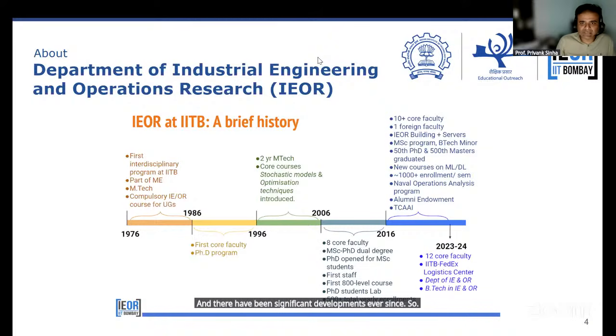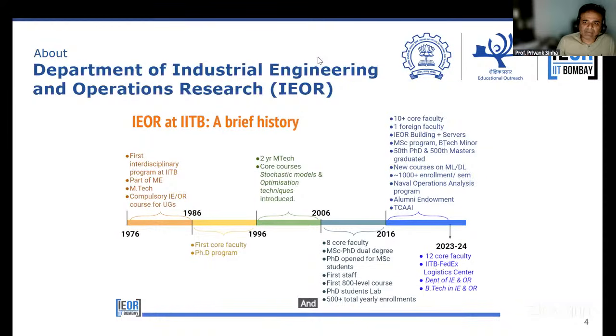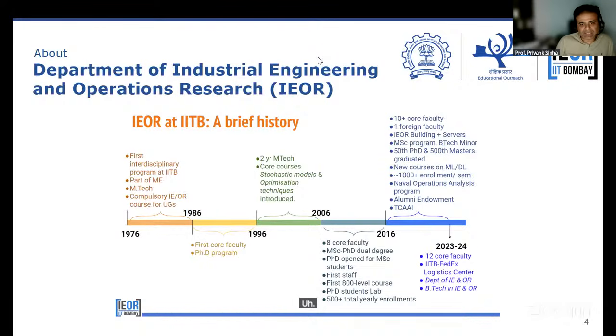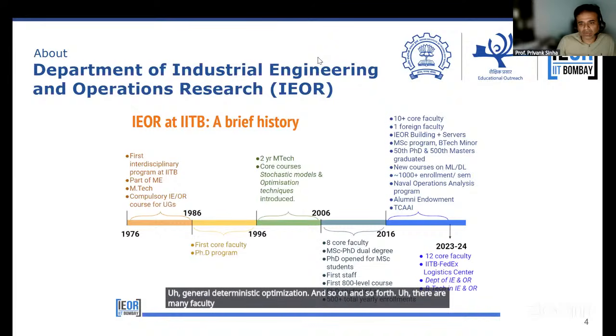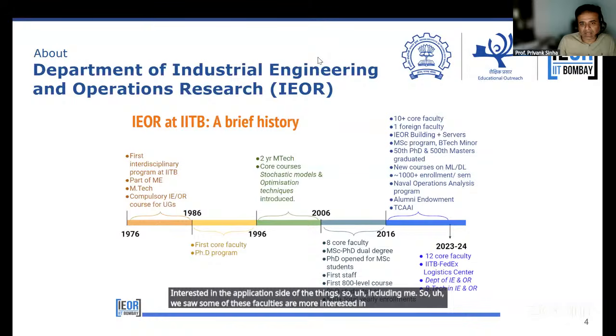So to cut to the chase, currently we are a group of 15 faculty members, and the faculty members work and research in various domains of industrial engineering and operation research, ranging from game theory, Markov decision processes, stochastic optimization, general deterministic optimization, and so on and so forth. There are many faculty members who are also interested in the application side of things, including me. Some of these faculty are more interested in applying theoretical models to practical problems of interest.